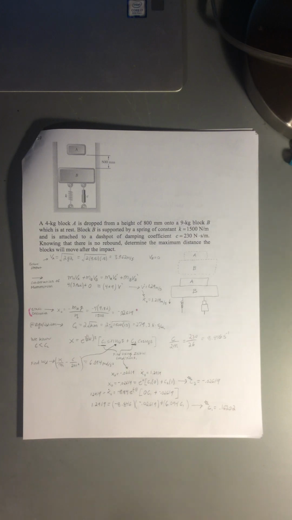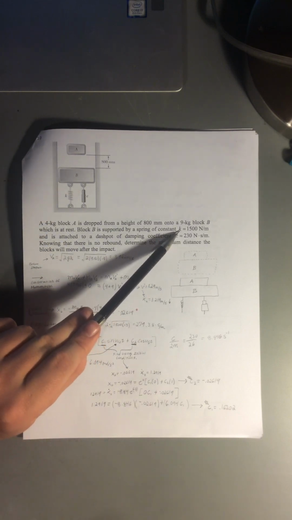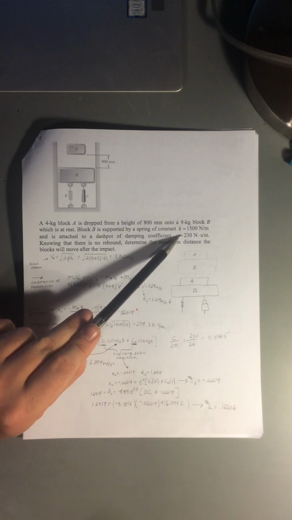But basically in this problem we have this block A that is dropped onto block B, and block B is suspended by this spring with a spring constant K, and this dashpot that I mentioned earlier that has a damping coefficient C, and both values K and C are given to us in the problem, as well as the height that A is dropped from and the weight of both of those blocks.